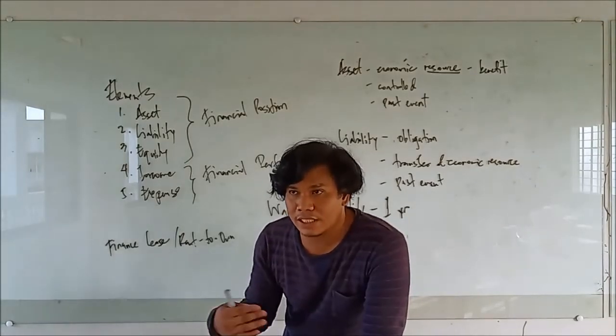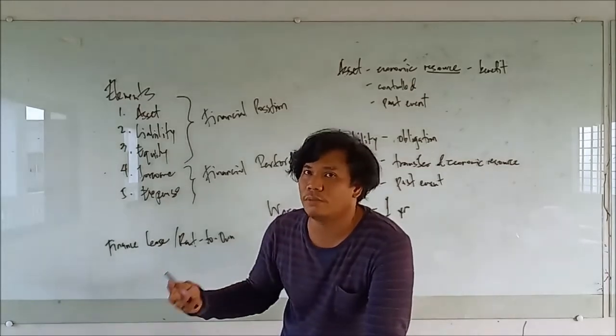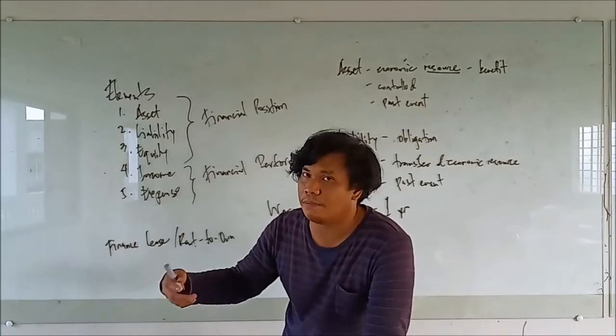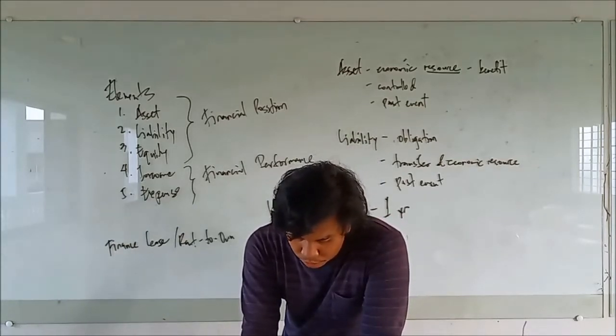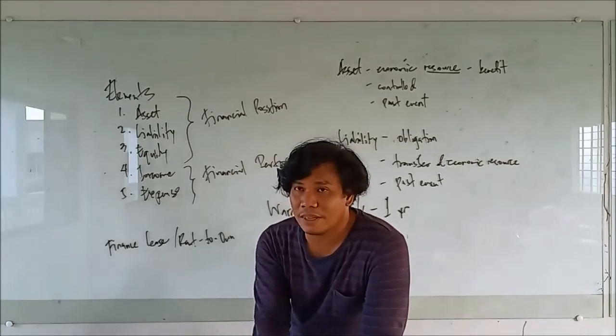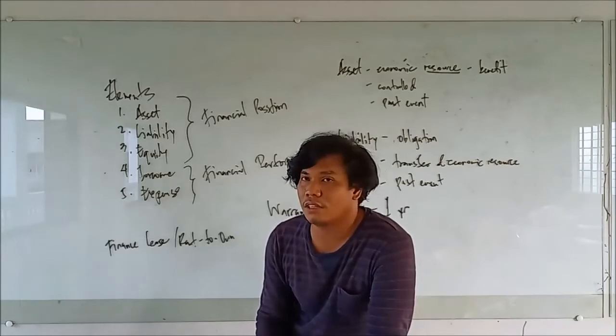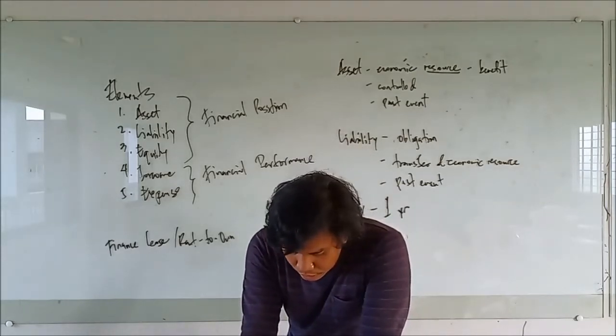Yung customer nagbayad sa atin ng advance. Therefore, ano yung obligation natin? To deliver the goods. Ilalabas pa rin. Hindi nga lang pera, goods siya. Ano pa? Letter C. Obligation to provide service at some future time. Yung unearned revenues. Provide ng service.